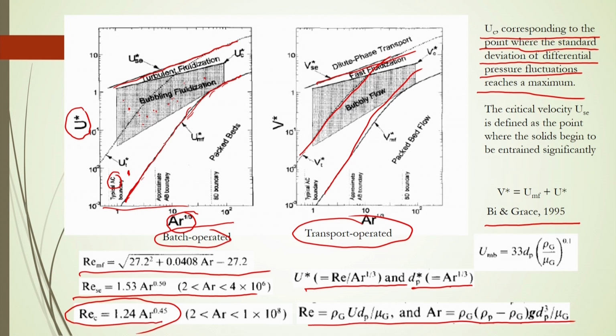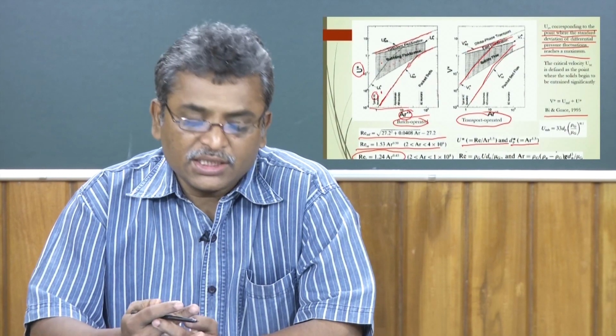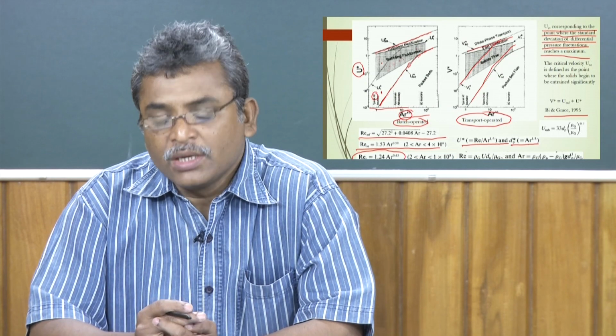From this pressure fluctuation you can also obtain what type of flow regime there is in the bed. Generally, when the standard deviation of differential pressure fluctuation reaches a maximum, you may expect choking, that is called pneumatic transport.